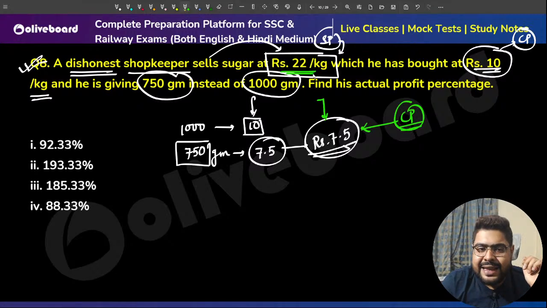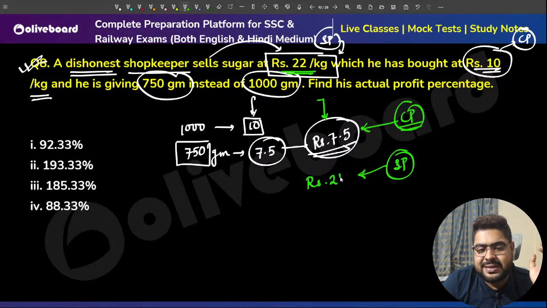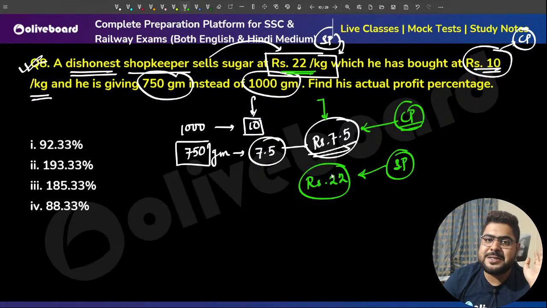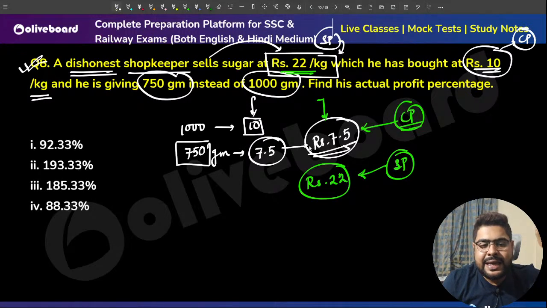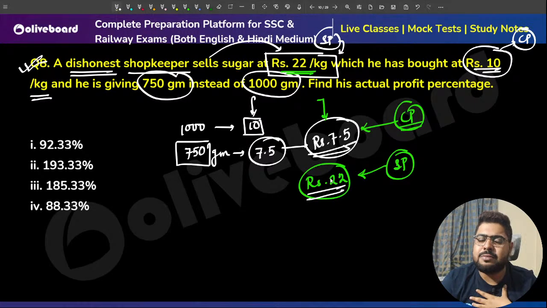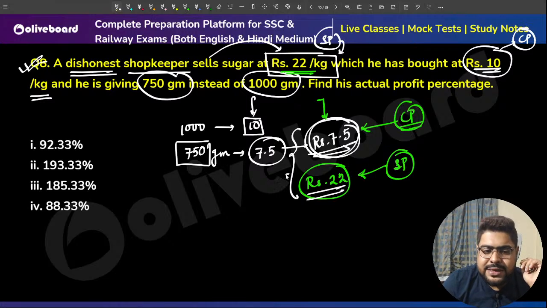He is saying, 'Arey bhai, 1 kg, that is 22 rupees.' So ultimately what is happening? Think very clearly. If I am the customer, I am giving him 22 rupees. Instead, he is only giving me 7.5 rupees worth of product. How much is the profit?